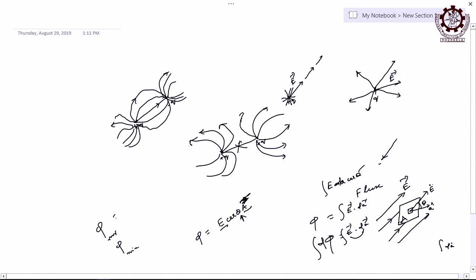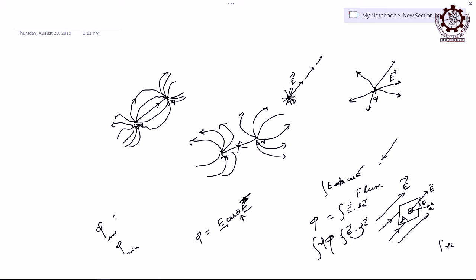The flux linked with that area will be maximum when theta is 0. You can imagine where it will be maximum: when perpendicular. When perpendicular, then only theta will be 0, cos theta will be maximum, and hence the flux linkage will be maximum.